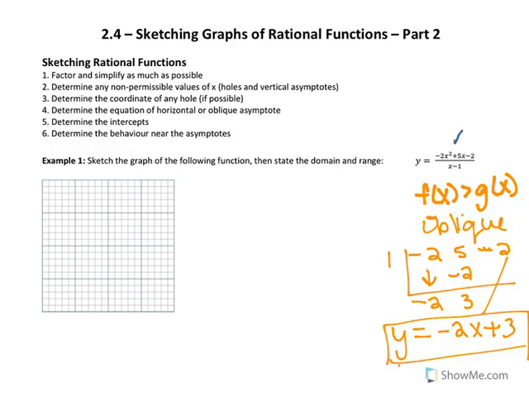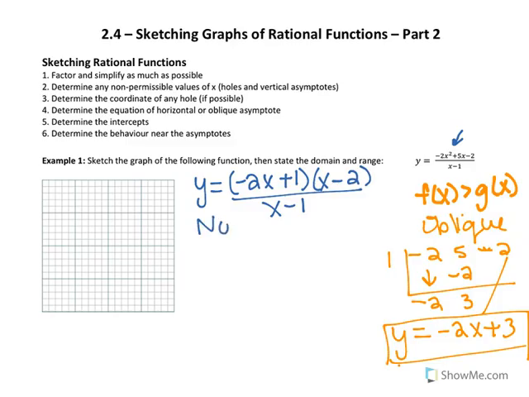So I want you to pause the video and I want you to factor that top. So you should have gotten -2x plus 1 and x subtract 2 over x subtract 1. So we have no holes because there's nothing we can cancel.